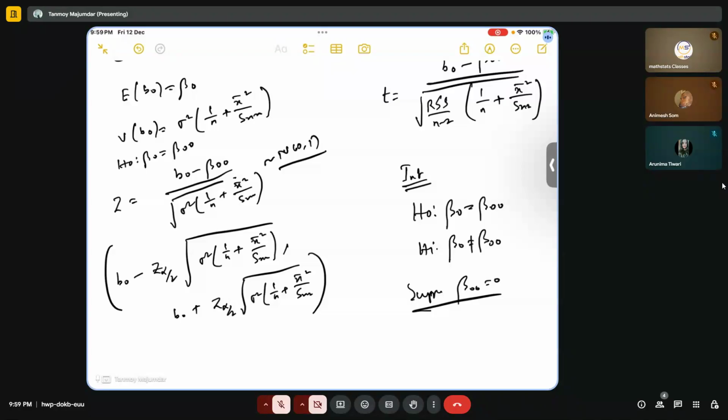So what is our null hypothesis? Basically we can't say we are accepting the null hypothesis, we only say that we fail to reject the null hypothesis. It is statistically wrong to say accepting a null hypothesis. So if we fail to reject the null hypothesis, we are considering b naught equal to 0. That means there is no significance in keeping the intercept term in our model.